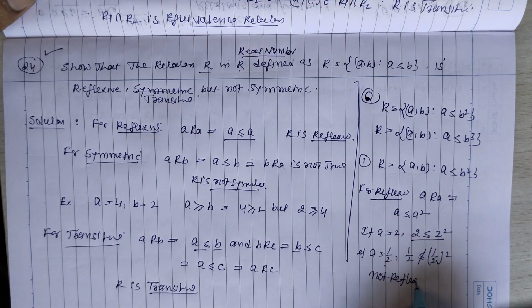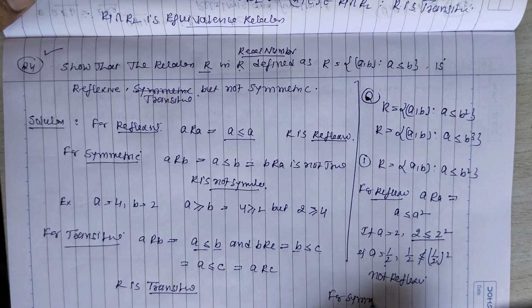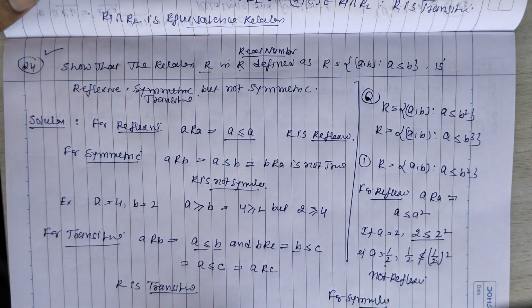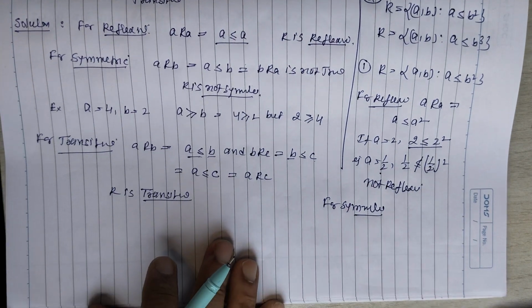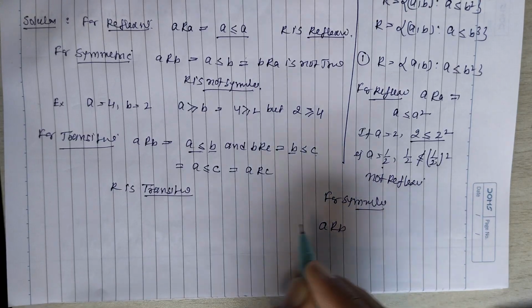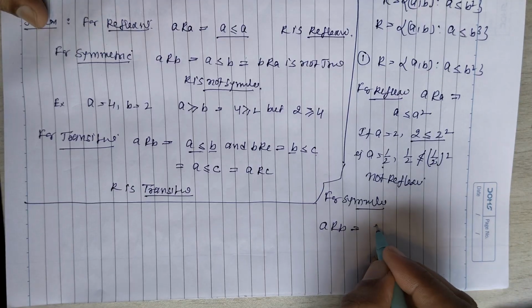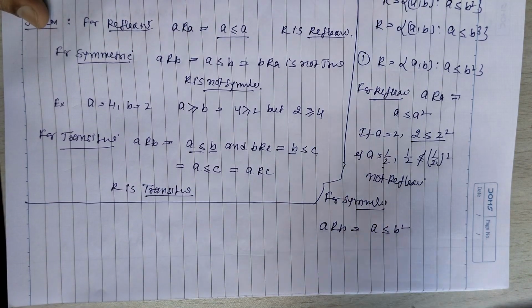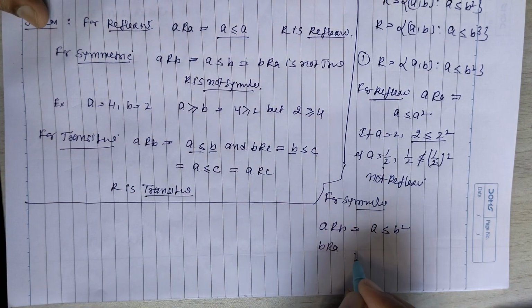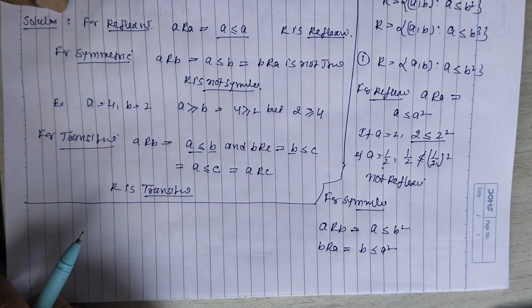Not reflexive. For symmetric, a related to b implies a is smaller than or equal to b², and b related to a means b is smaller than or equal to a². It is not true.